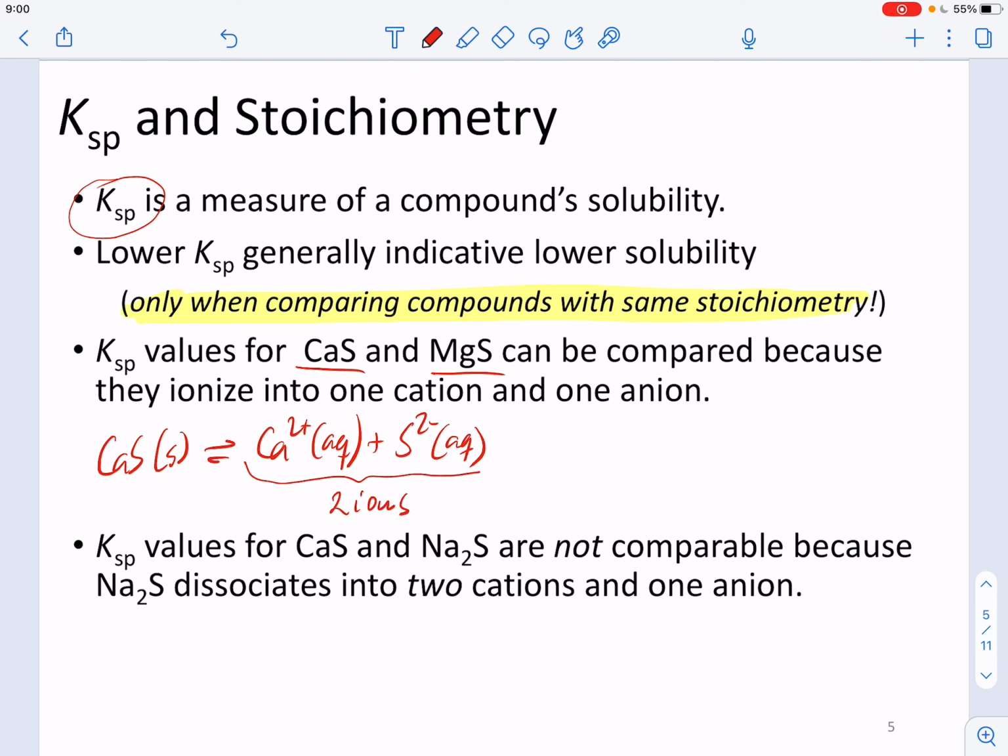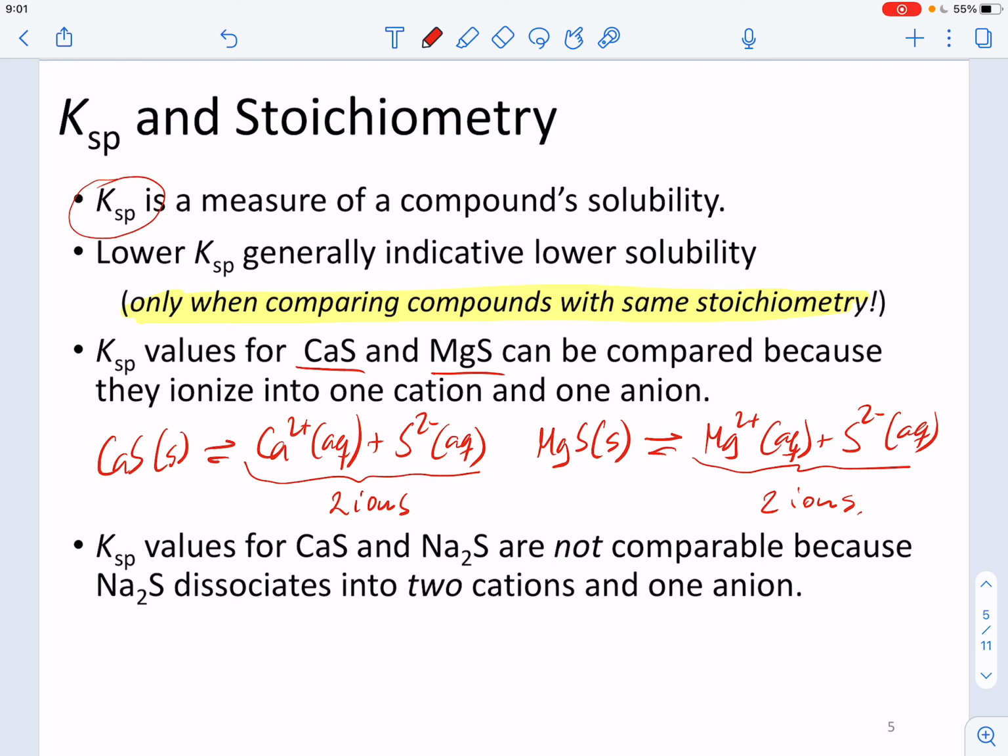So the dissolution of calcium sulfide in water will give you 2 ions. Now, if you compare that with magnesium sulfide as a solid in equilibrium with its ions, you have magnesium 2+, and again sulfide, and you also have here 2 ions.